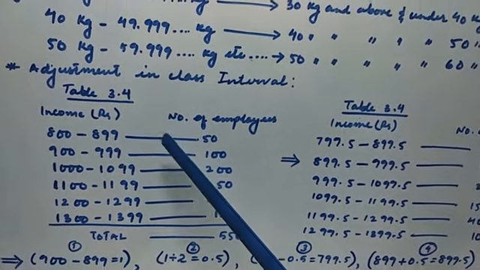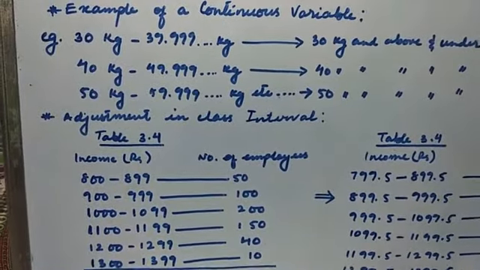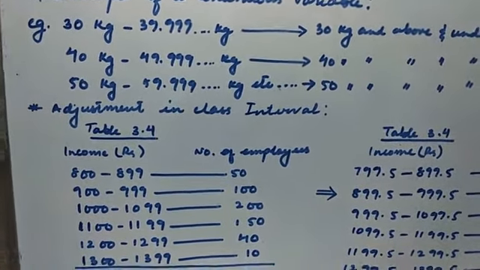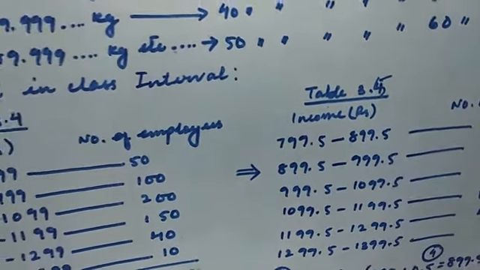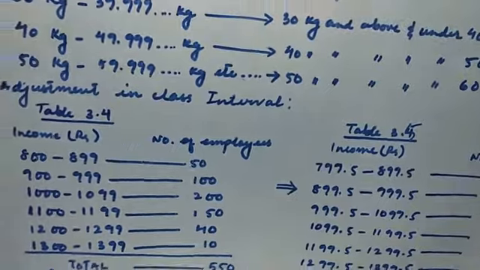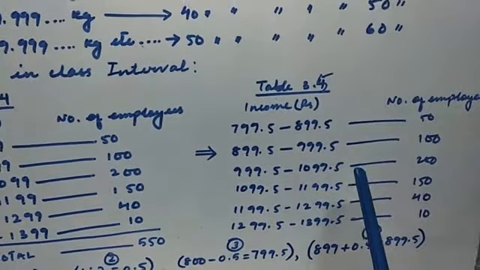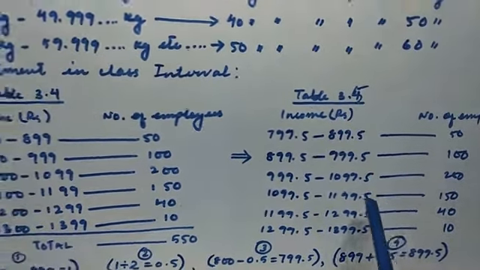So this is table 3.4, and this one is table 3.5. Here it is without adjustment in class interval, and here it is the adjusted one, adjusted for class interval.